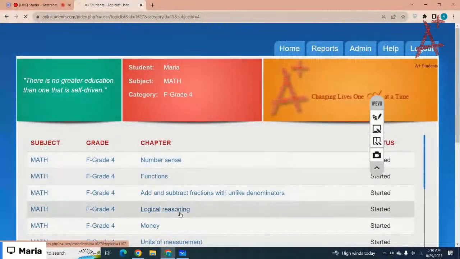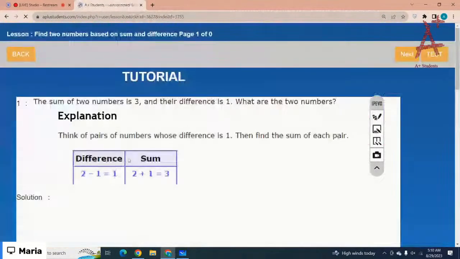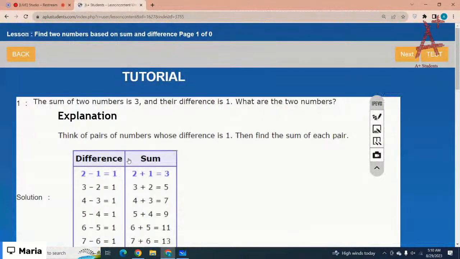The chapter is logical reasoning, and the lesson 5 is find two numbers based on sums and differences. Okay, let's just start with the first one.